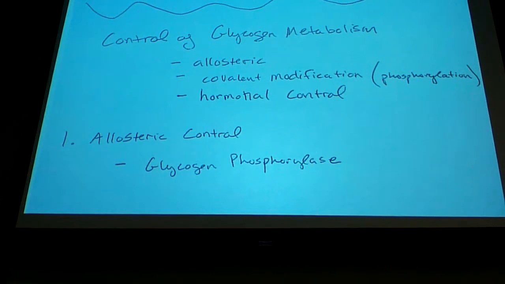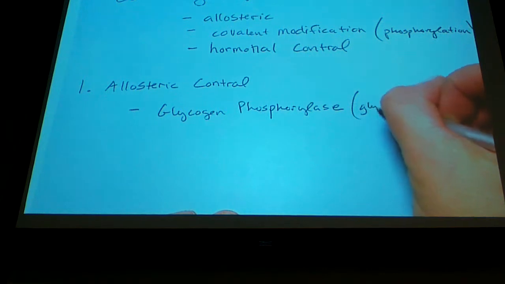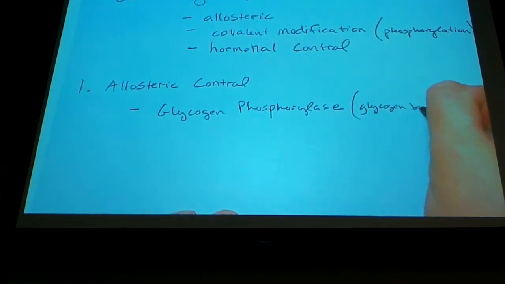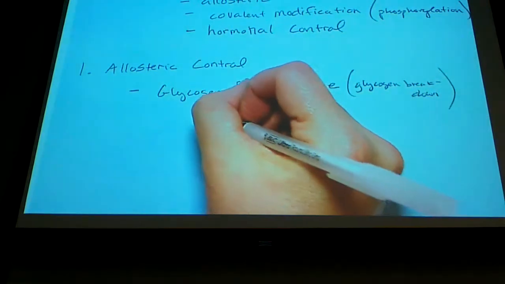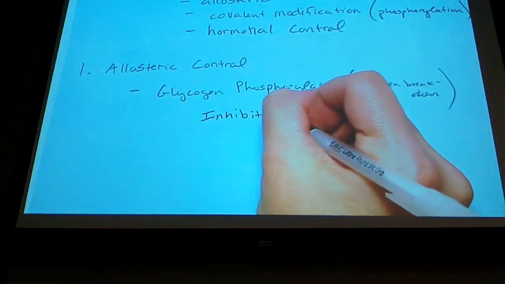Which pathway is this one involved with, glycogen breakdown or glycogen synthesis? Breakdown. It's got inhibitors and activators.